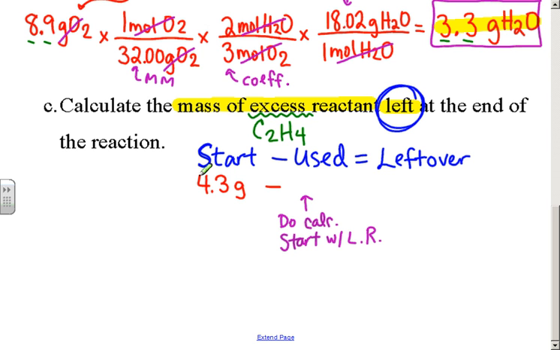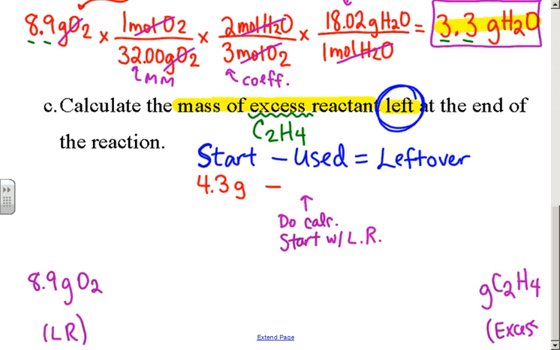So my limiting reactant was 8.9 grams of oxygen. What I want to know is, in order to react all of that oxygen, how many grams of C2H4, the excess reactant, did I need to use? So I'm going from the limiting reactant, the O2, to the excess reactant, the C2H4, to figure out how much got used. This is a grams to grams calculation.